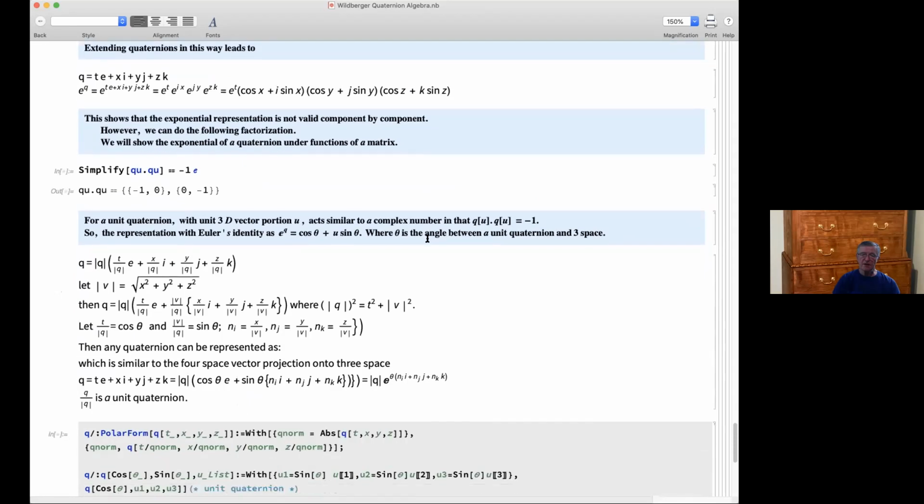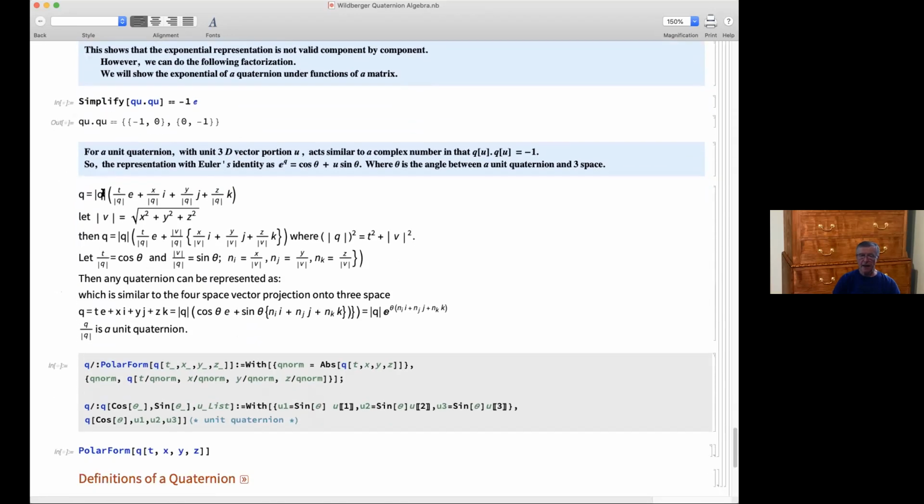But what we can do is identify the quaternion as a real part and a pure quaternion part. If we do that, then we can end up keeping the i, j, and k with normalized elements within the pure quaternion part. And then the quadrance turns out to be t squared plus the pure quaternion quadrance.